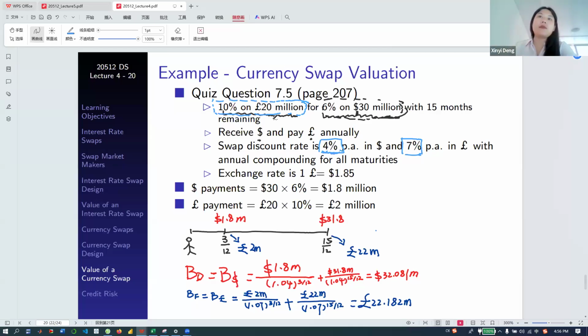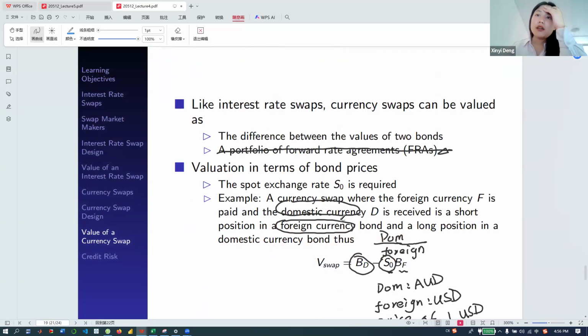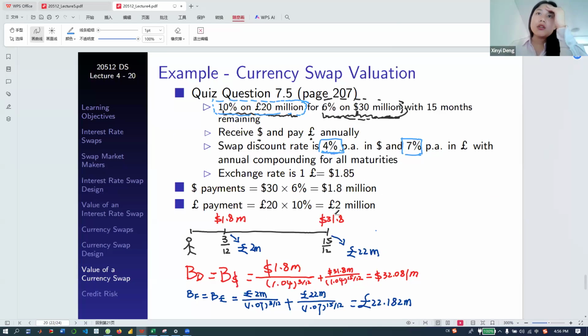So this is the price of 1 unit of foreign currency quoted in the domestic currency. Yep, that's the exchange rate, exactly the S0 we are looking for.